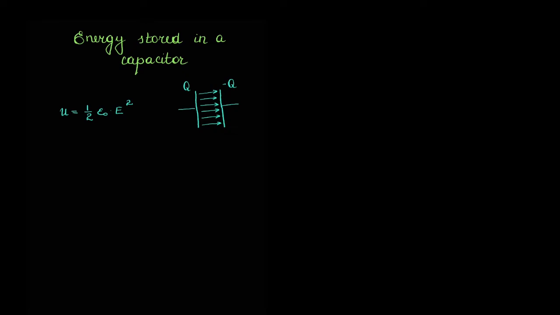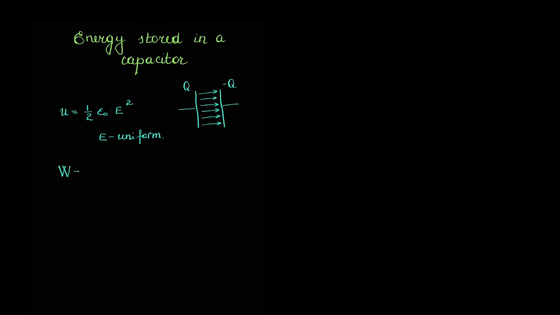And we know that the electric field strength inside the capacitor is uniform. Now, if you want to find the potential energy, we just need to integrate the energy density over the volume between its plates, right?